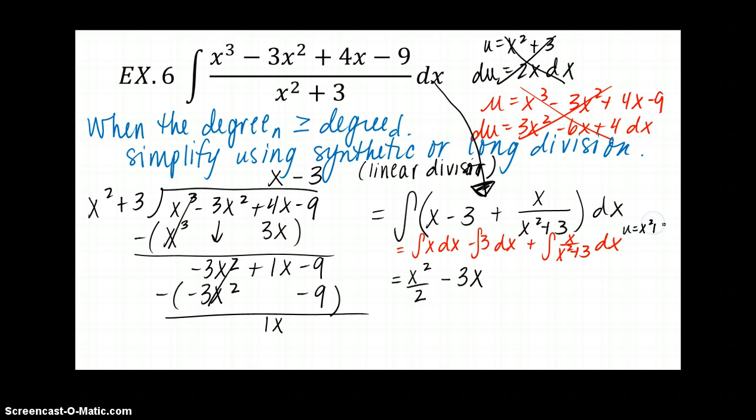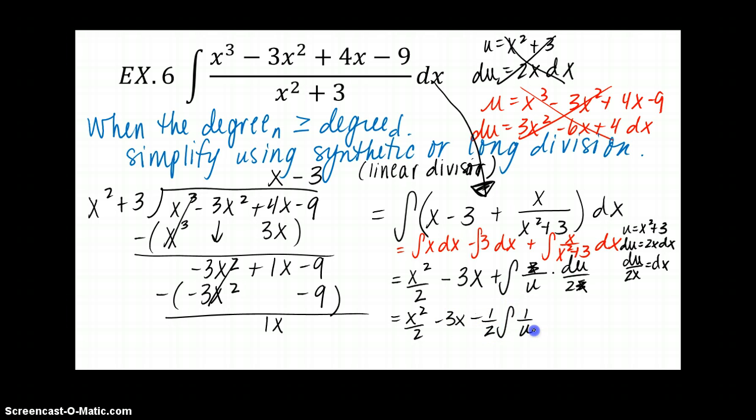So I'm going to pick u to be my whole denominator, which makes du 2x dx. Solving for dx, that gives me plus the antiderivative of x over u times du over 2x. The x's cancel. Minus 3x plus 1/2 times the antiderivative of 1 over u du.